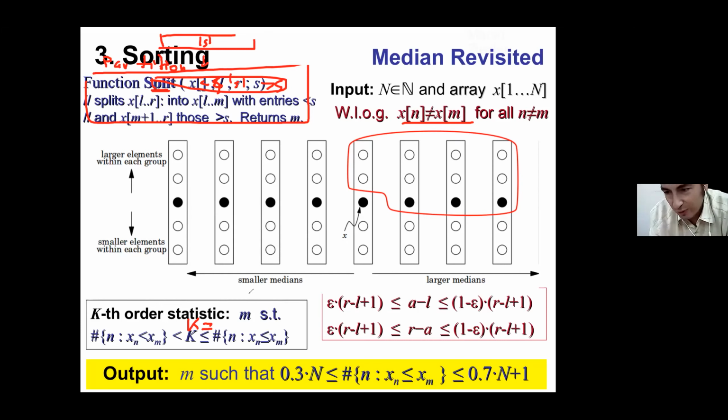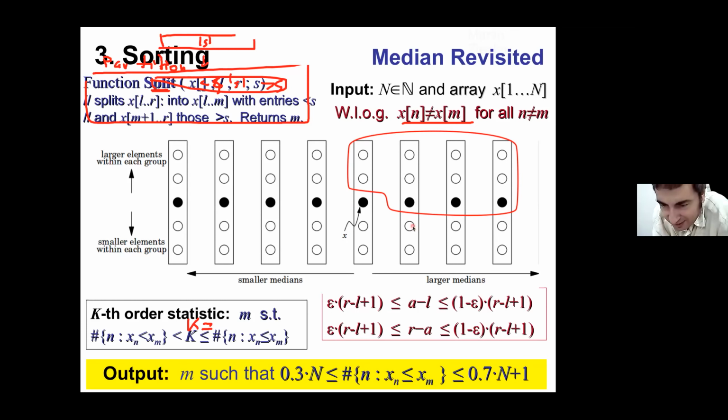And what we wanted to output is the median of medians of 5. So you split your array n into groups of 5. You take the median of each group of 5, and you take the median of these medians, which are the black dots.